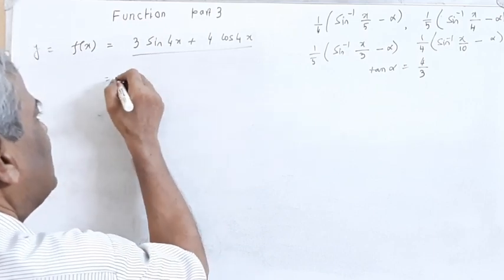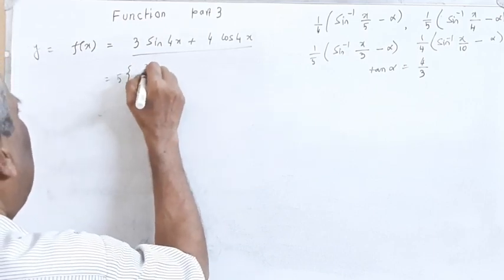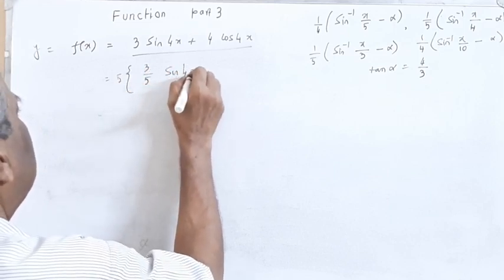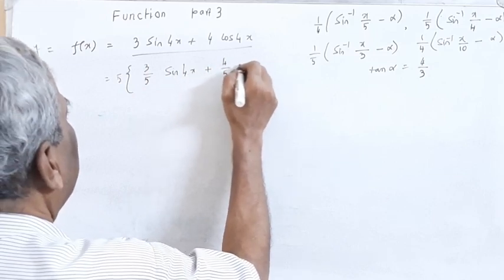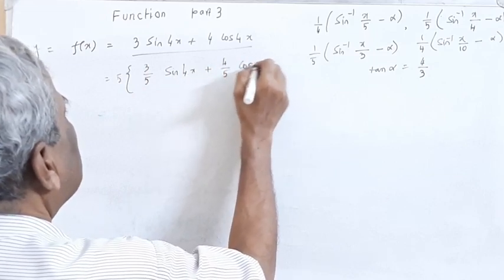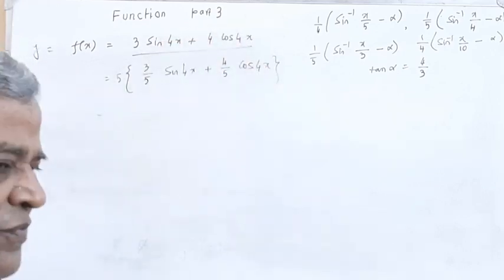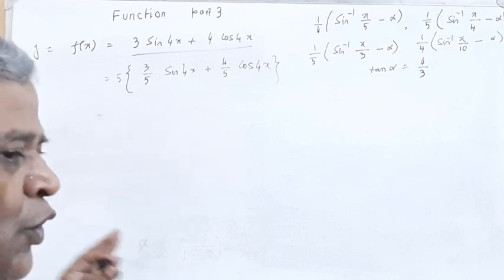For that purpose, I divide and multiply by 5 throughout. This is the technique to combine the linear combination of sin 4x and cos 4x.